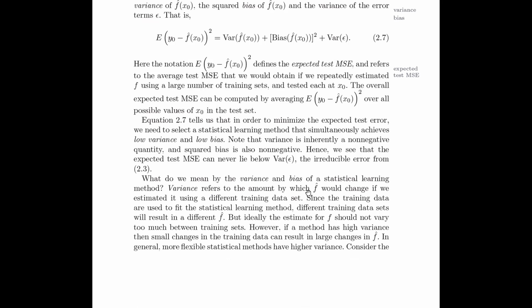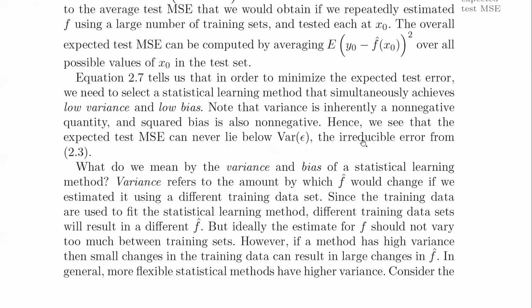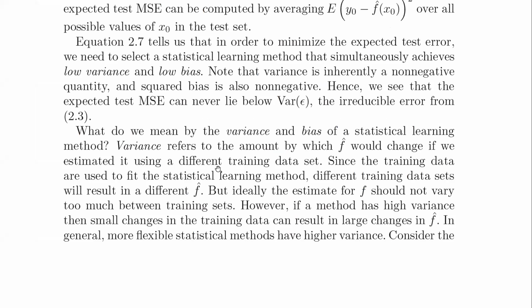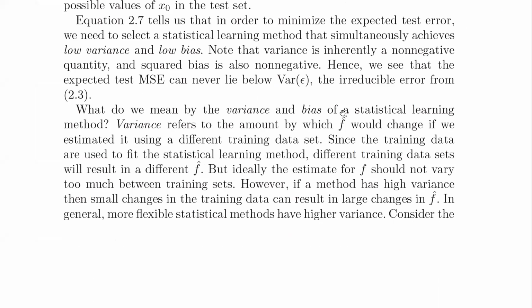Variance refers to the amount by which the model, so the parameters, which are in many ways being collected under this object f hat, would change if we estimated it using a different training data set. So a model's variance is just how sensitive the parameters are to using a different set of observations.